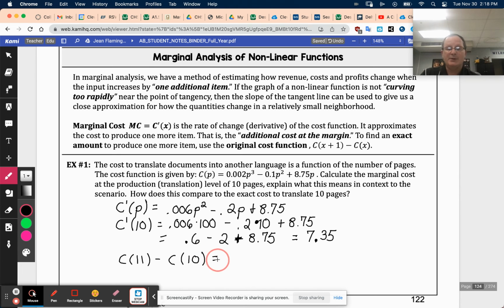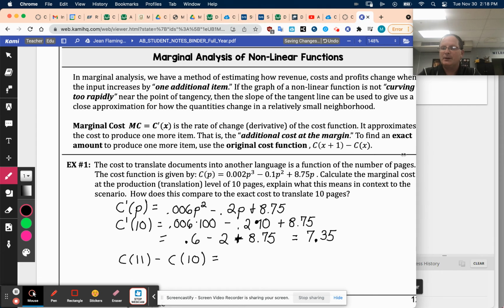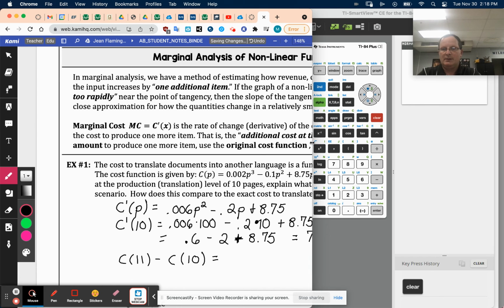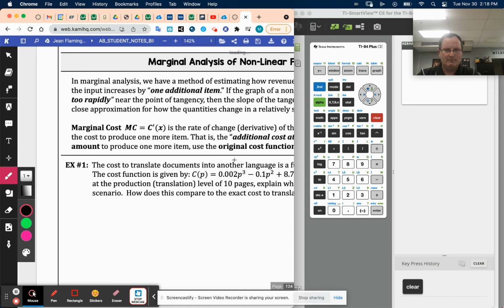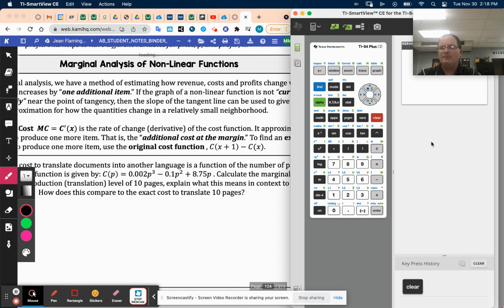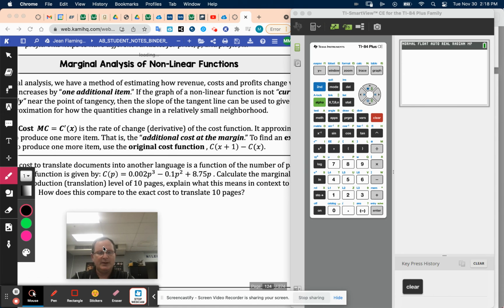Okay, so this time I am going to use the calculator. So I'm going to just break out the graphing calculator. There we are. We're using the original function here. And we're subtracting those values.